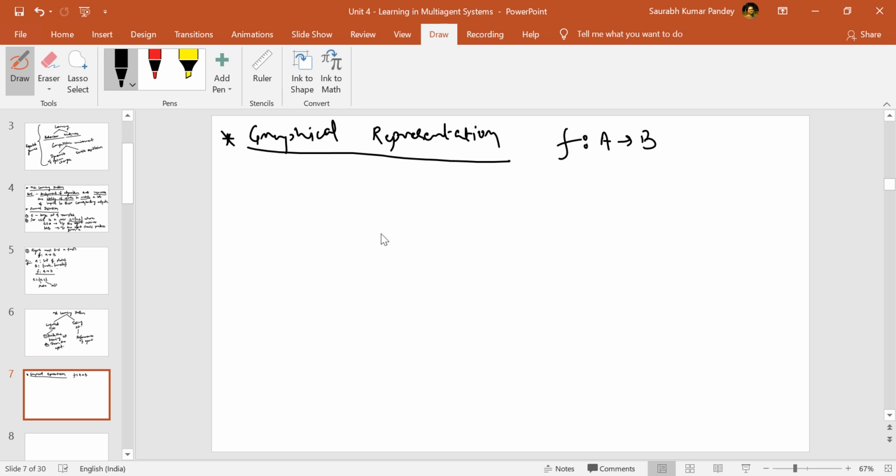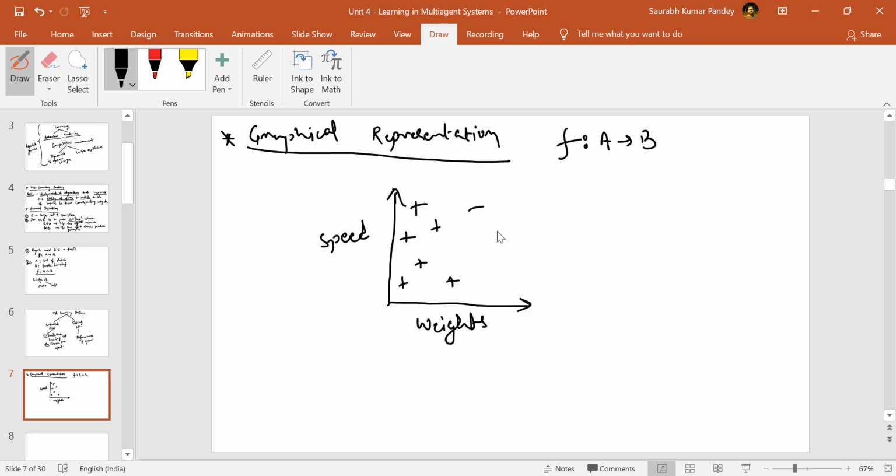Now we look at a graphical representation, okay. So let's say that we have a 2D graph. Your y-axis expresses the speed, and x-axis gives you the weights. Now some distributions are there based on the values.